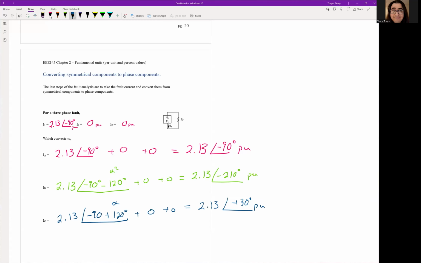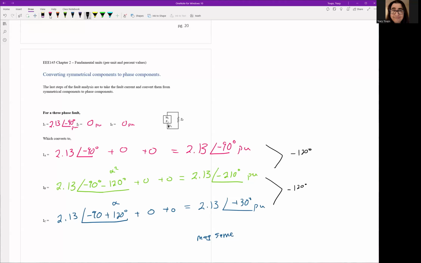Now let's do a check. Magnitudes are the same, right? So all magnitudes are the same. What about phase shifts? Between here and here, we have a negative 120-degree phase shift, right? Yes. Between here and here, do we have a negative 120-degree phase shift?